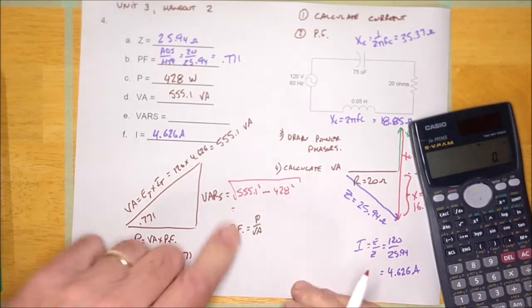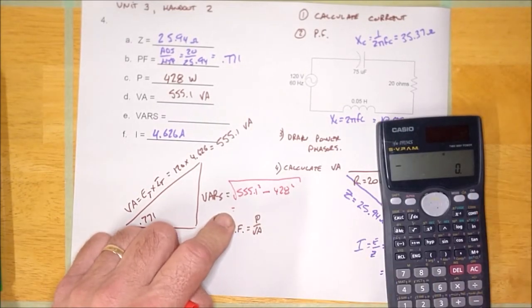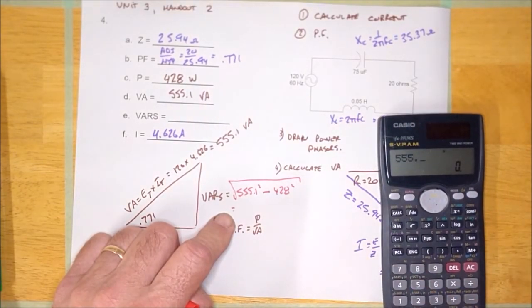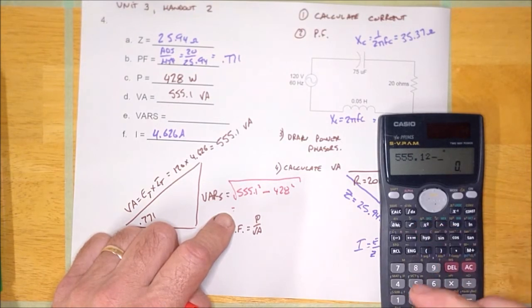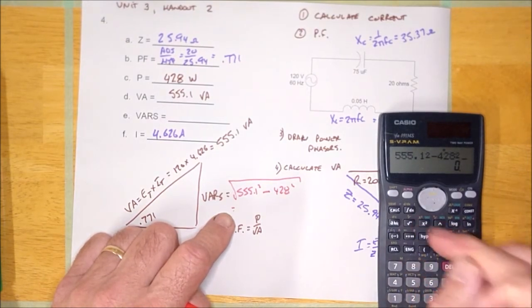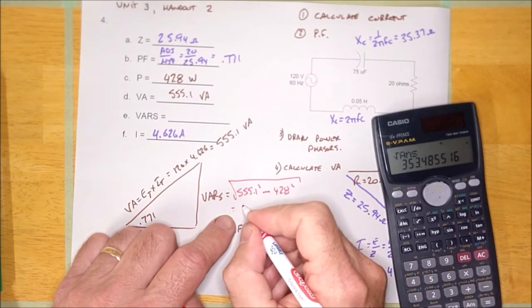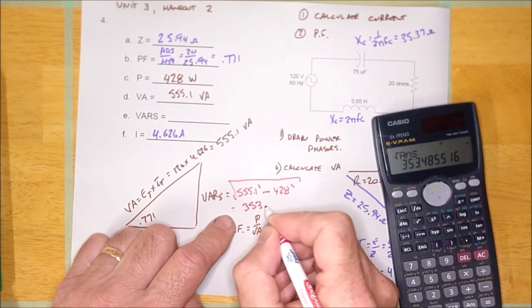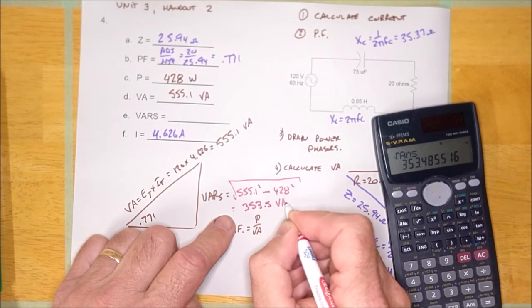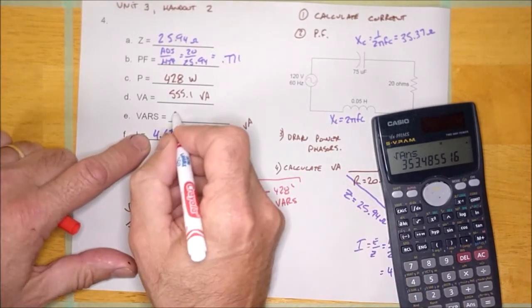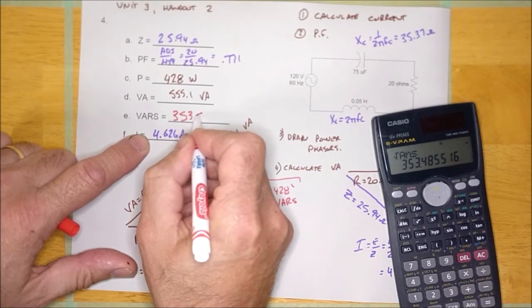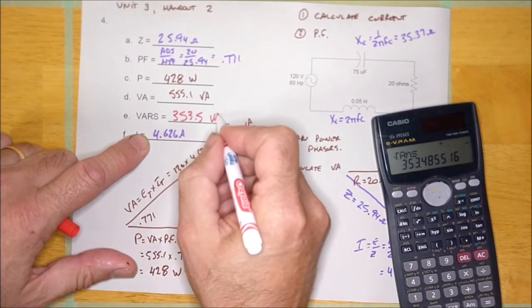And I'm going to calculate this, and then we're going to quit this video, okay? 555.1 squared minus 428 squared equals root equals 353.5 VARs, okay?